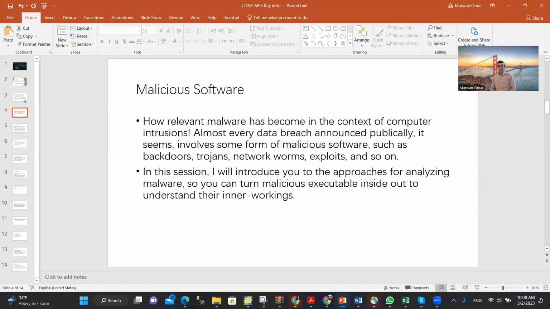In this session, we will learn about the approaches or the techniques for analyzing malware, for taking the malware inside out. So you can turn malicious executables inside out to understand the inner workings.